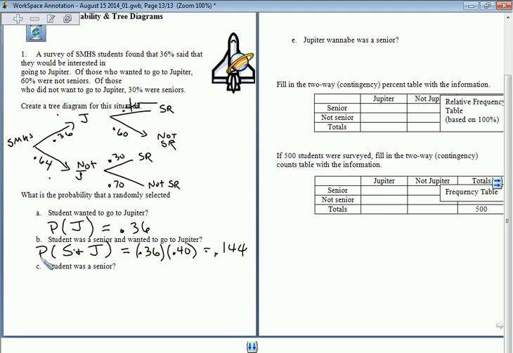Multiply the percentage of wanting to go to Jupiter times being a senior? 0.36. The probability that they were a senior going to Jupiter plus the probability that they were a senior and not going to Jupiter. Would that do it? Yes. Yep.